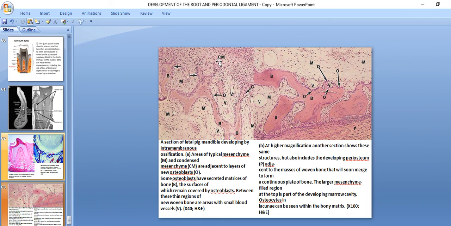The source of the cells forming alveolar bone is uncertain, although some have suggested that it may be from neural crest cells of the investing layer of the dental follicle.